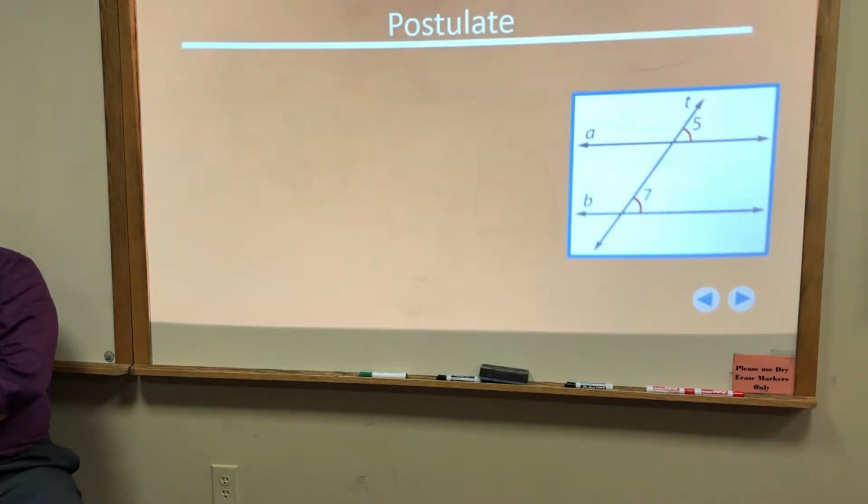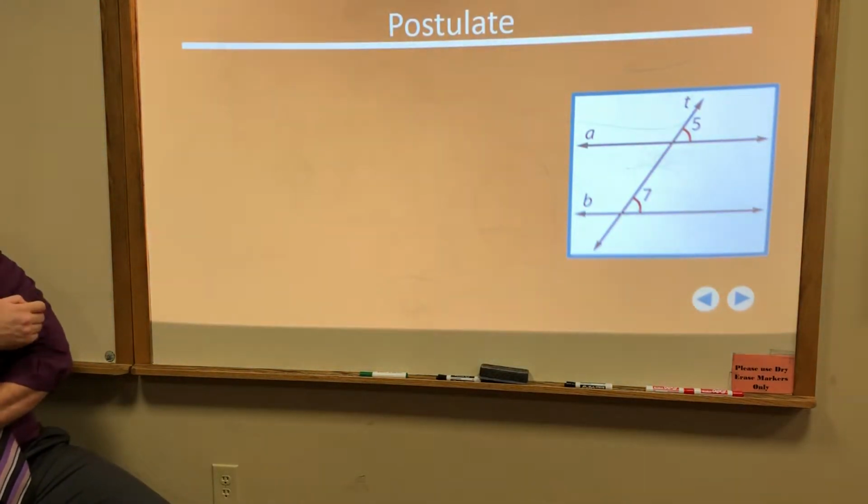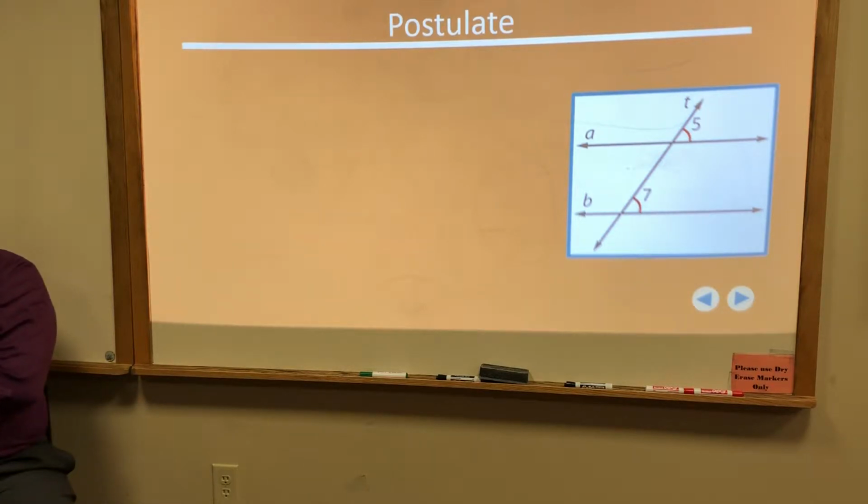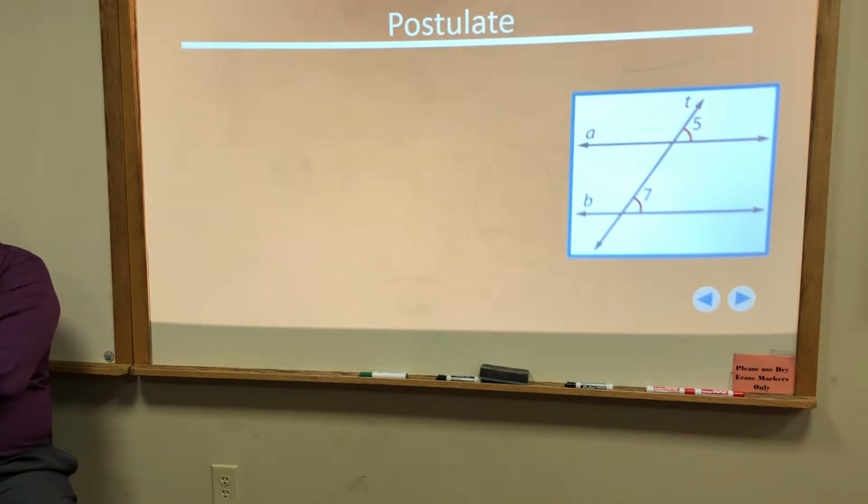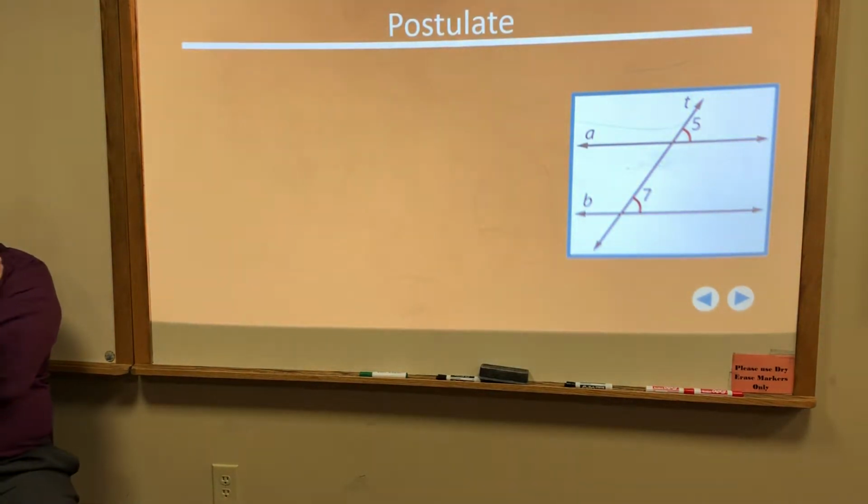So, here we go. Now, what is the converse? Let's go back. Remember, in chapter 2, we learned what a converse statement was. Katie, what's a converse statement? It's a switch. If we switch a statement, it's taking the first part of the statement, the hypothesis, and putting it in place of the conclusion.